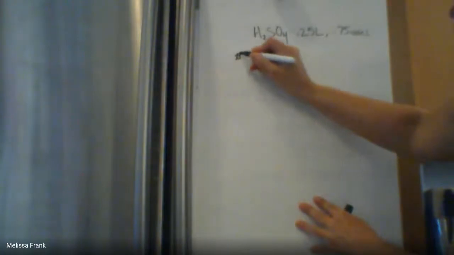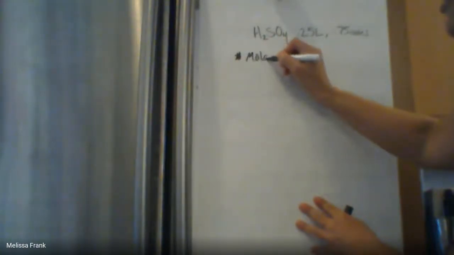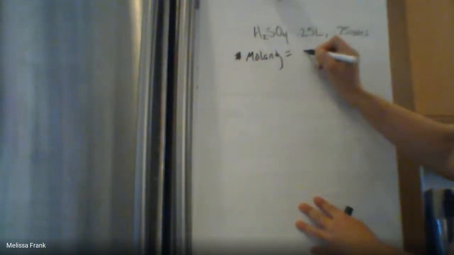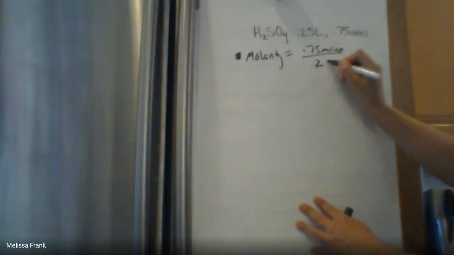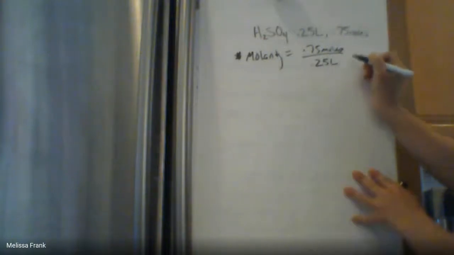So you're already given the number of moles, you're given the number of liters. So this one is a simple one to work with, where the molarity is moles divided by liters of solution. So molarity equals 0.75 moles in 0.25 liters of solution.